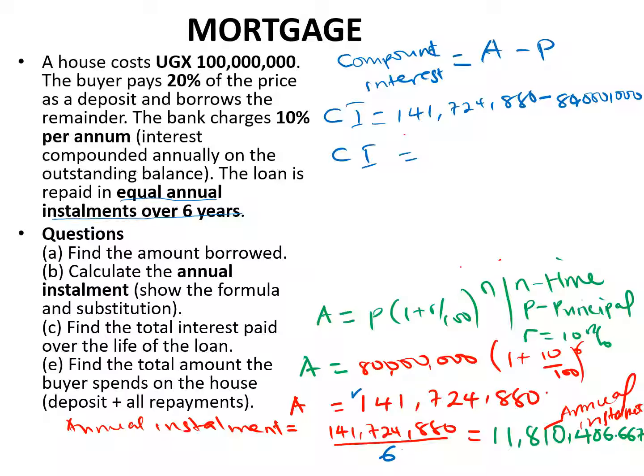So here we shall have 141,724,880. Then I divide by 6, not 12, because I'm seeing here there are 6 years and I want to know how much will one pay every year.